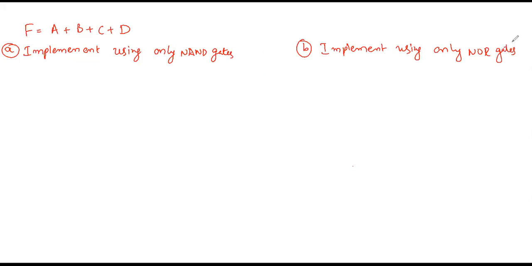Okay. To implement any Boolean expression using NAND or NOR gates, step one is: simplify the Boolean expression into only two variables.